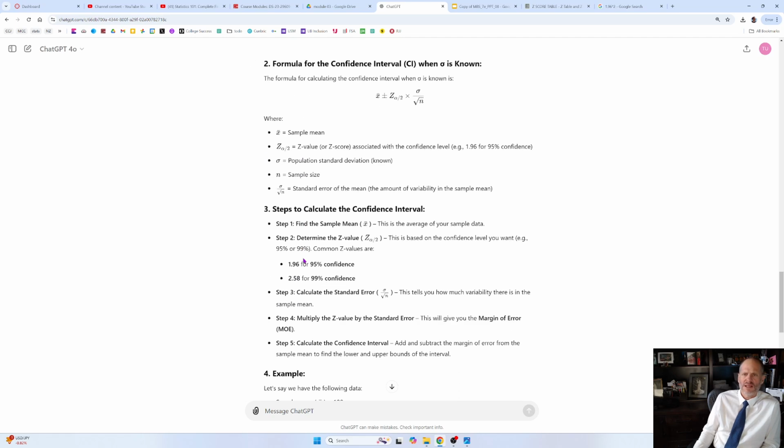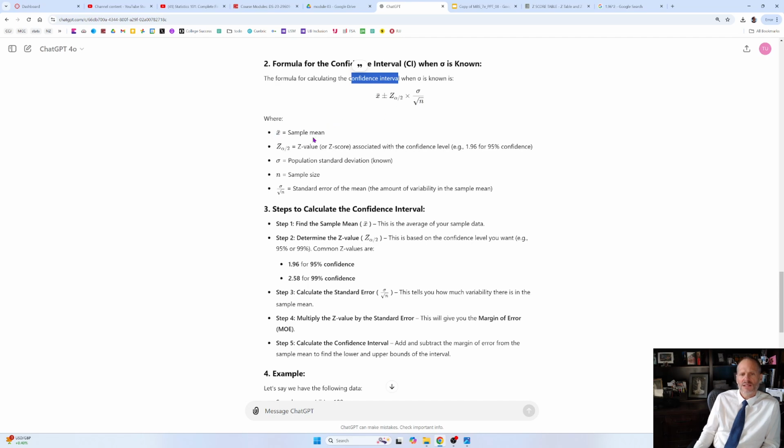Formula for the confidence interval when the population standard deviation is known: the sample mean plus or minus z subscript alpha over 2, times the population standard deviation divided by the square root of the sample size. So this is the confidence interval, right? And this here is the margin of error, right? Because it's the mean plus or minus the margin of error.